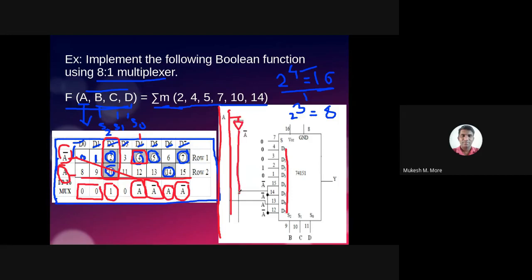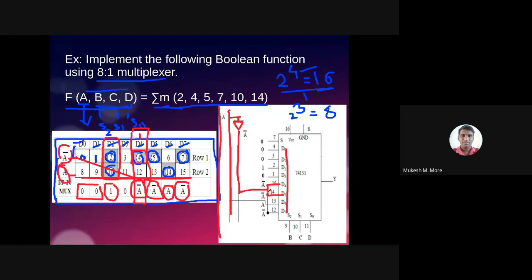Now where to attach A bar? See, in this column there is A bar. So I have to attach A bar to the D4. Now I have attached the A bar to the D4. Next, A bar to the D5.